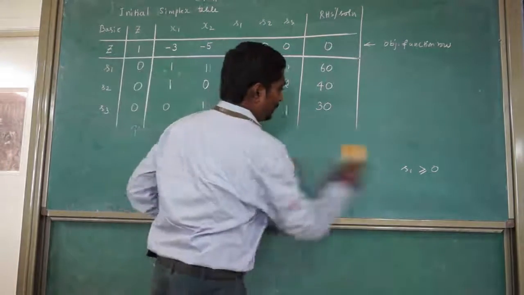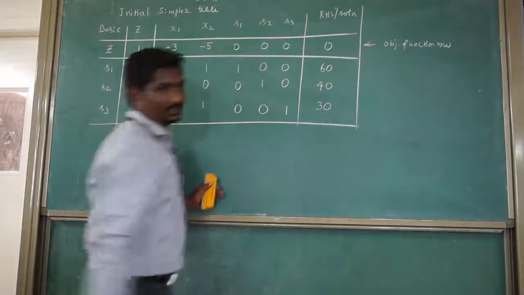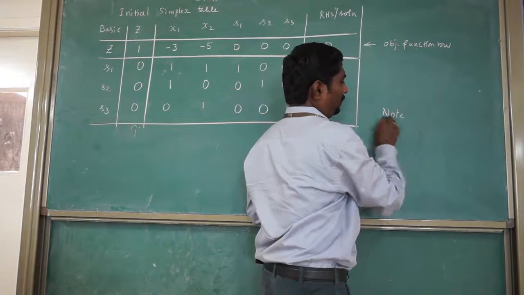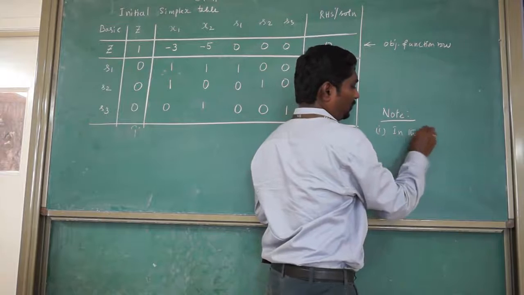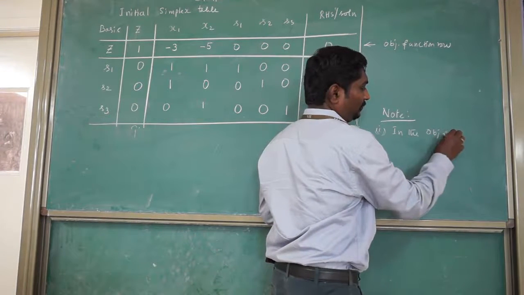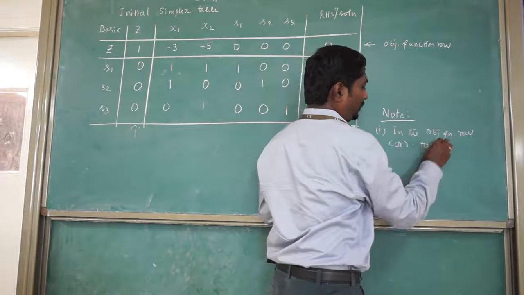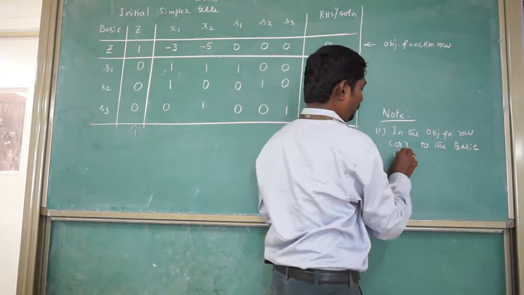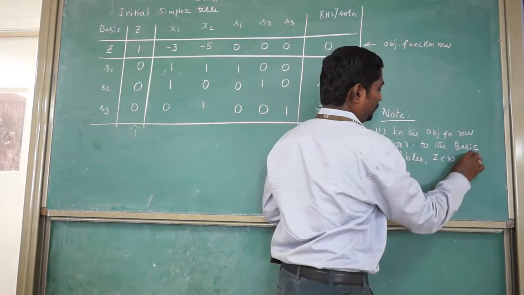Before we apply simplex, we have to make note of two checks. First, in the objective function row, corresponding to the basic variables, zero should be there.